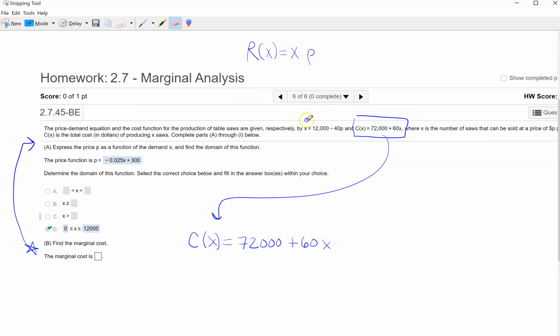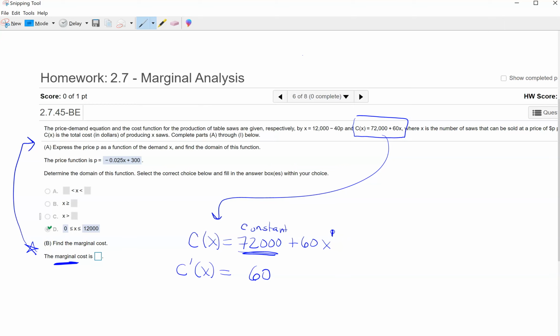and we're going back just to our cost function, and we're just taking the derivative, because remember, marginal is telling us how the cost is changing, and that's a rate of change, which is a derivative. And all we have to do here is our power rule. So when I take the derivative of a constant number, that's 0, so I don't need to write that. And then I take the derivative of 60x, that's just 60.